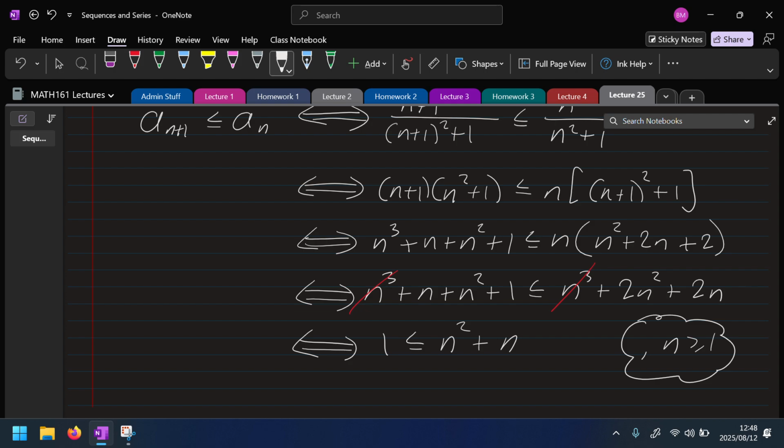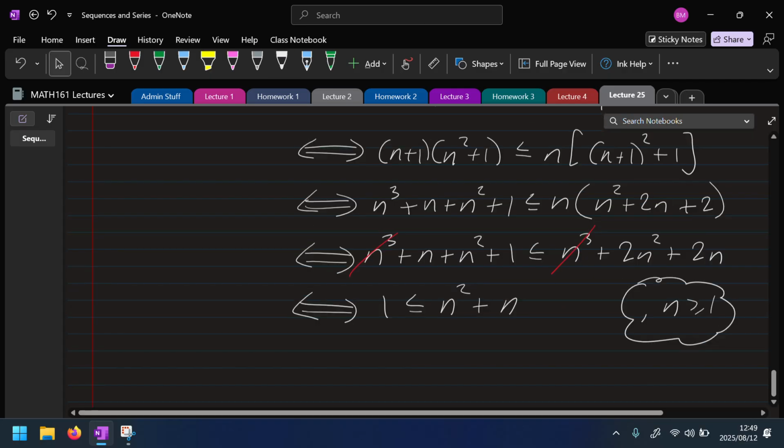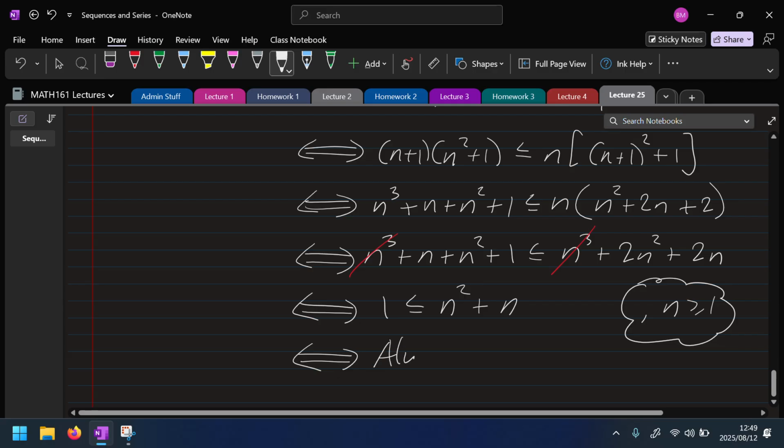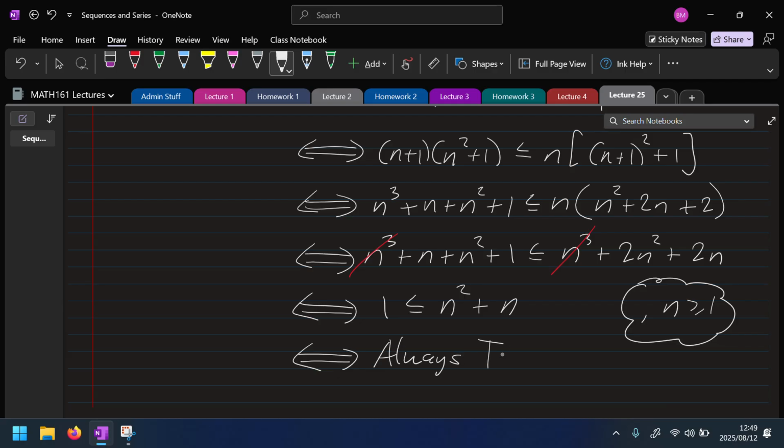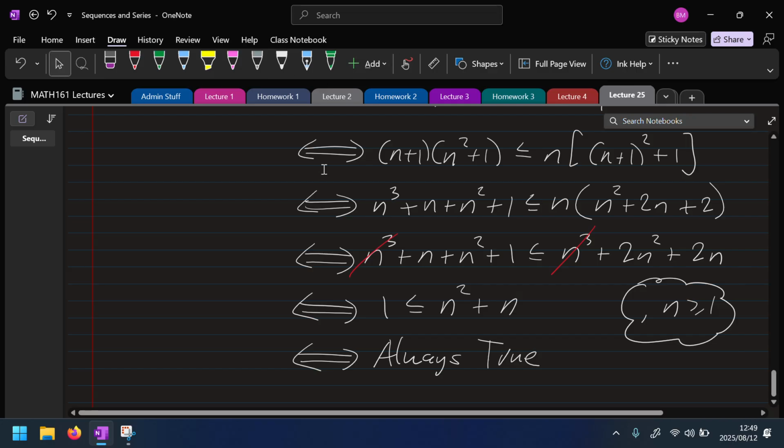Yeah, that statement's always true. You can put any n value inside, that statement is always true. Right? For any n, you can plug in whatever you like. The statement's always valid. The statement's always true.